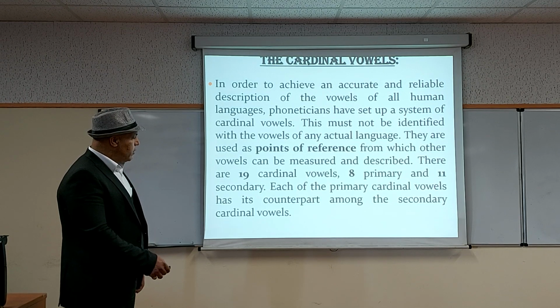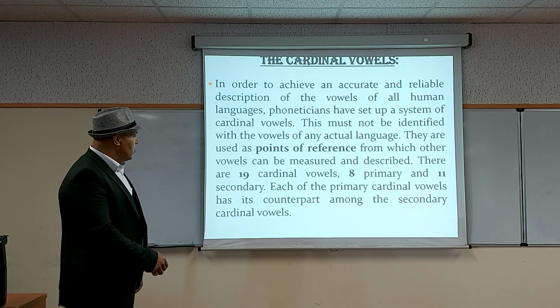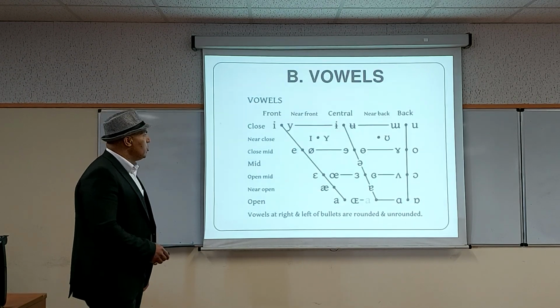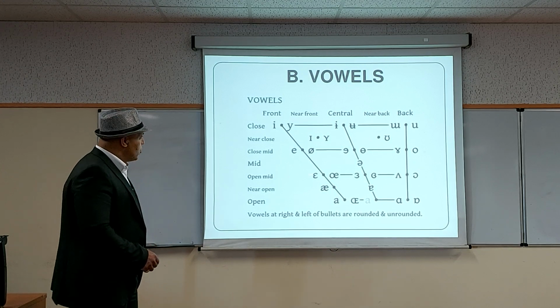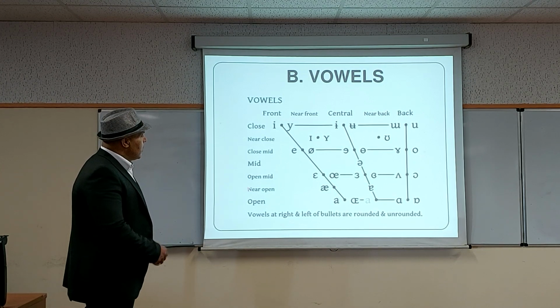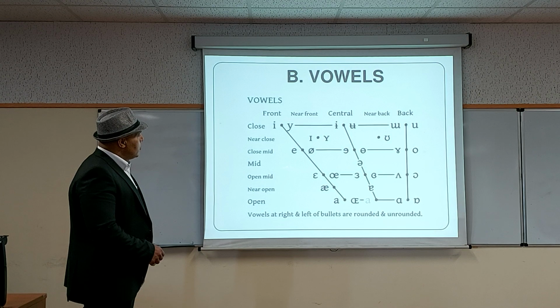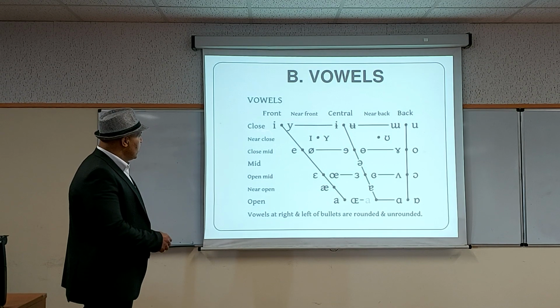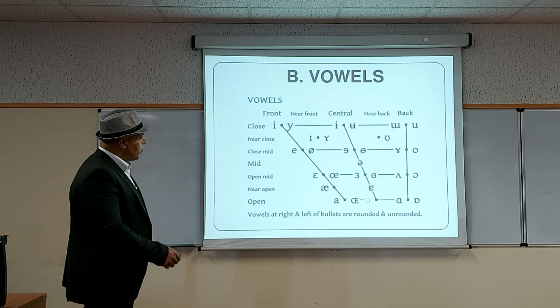Each of the primary cardinal vowels has its own counterpart among the secondary cardinal vowels, as we see in the chart here. This is a chart that serves as a reference for all vowels that exist in all languages of the world. So we find here from close to open, from back to front, and we have counterparts.